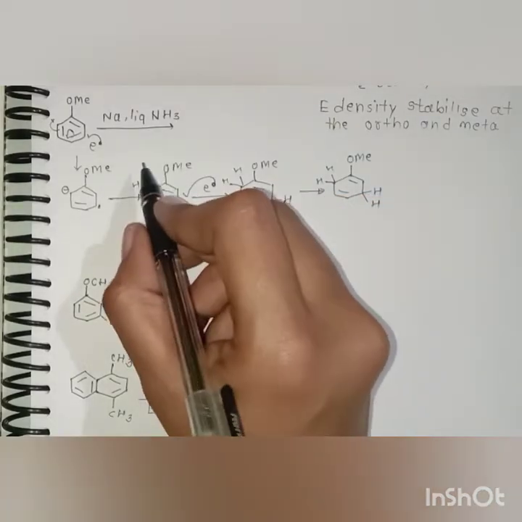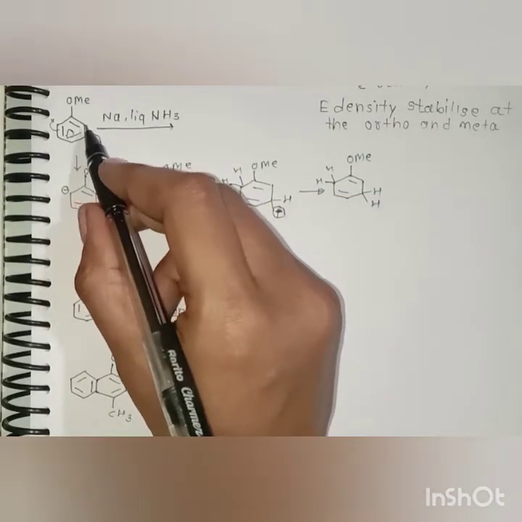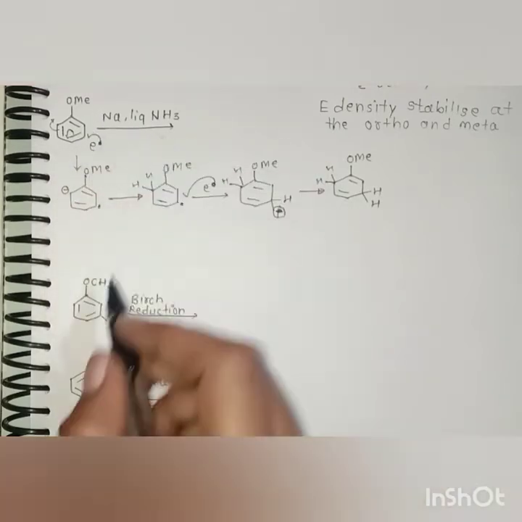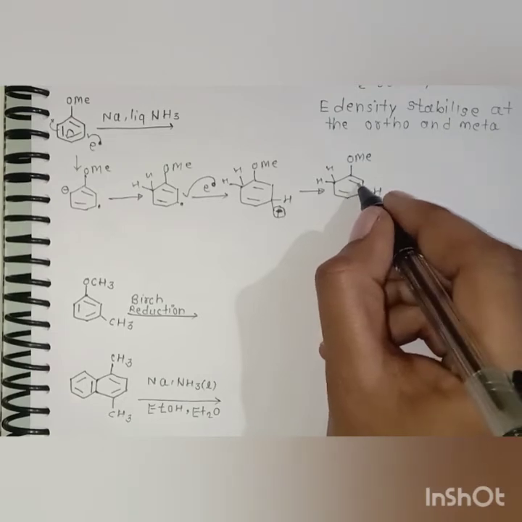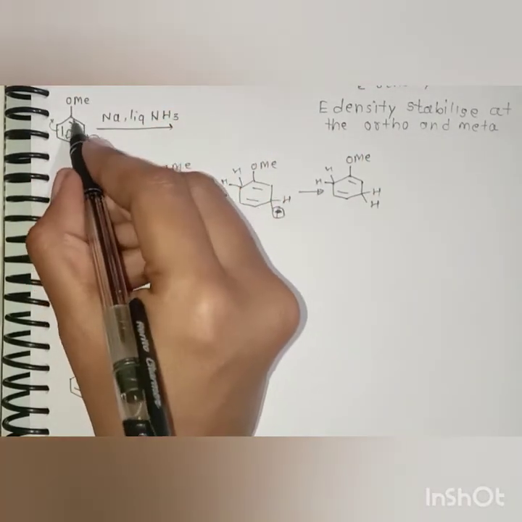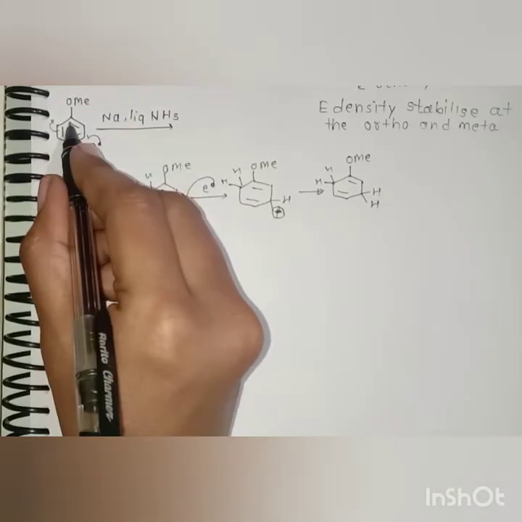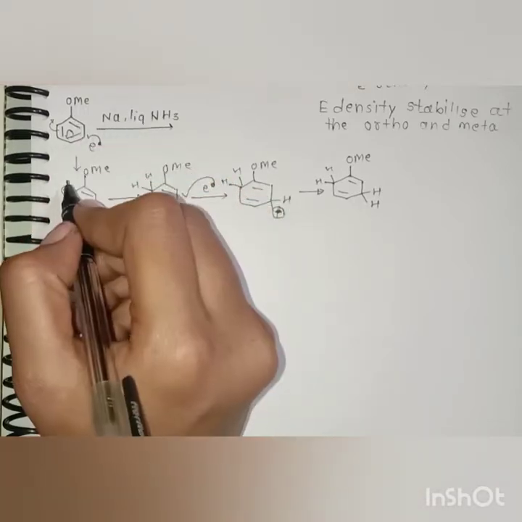The trick to remember the Birch reduction in case of the electron donating group is that the sp2 carbon remains sp2, means wherever that electron donating group is present, that carbon always remains sp2 in nature.